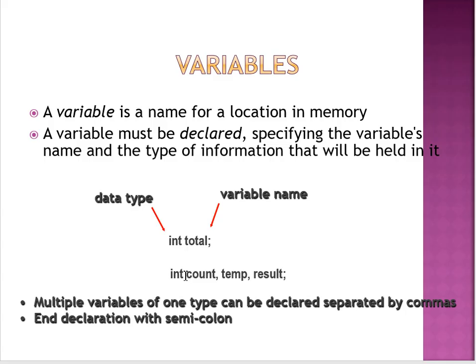In this case, we have int, then count, separated by comma, and term, and result. All these are variables of the same type. That's what it means. However, never forget to include a semicolon there.